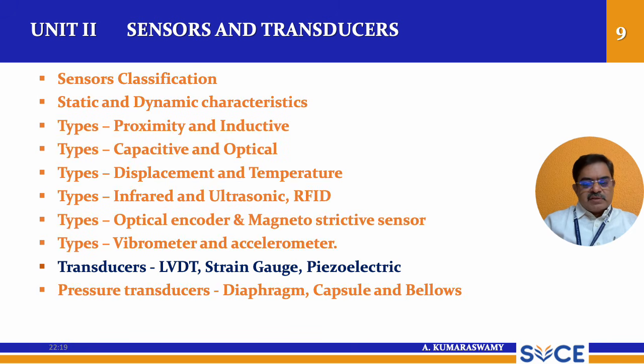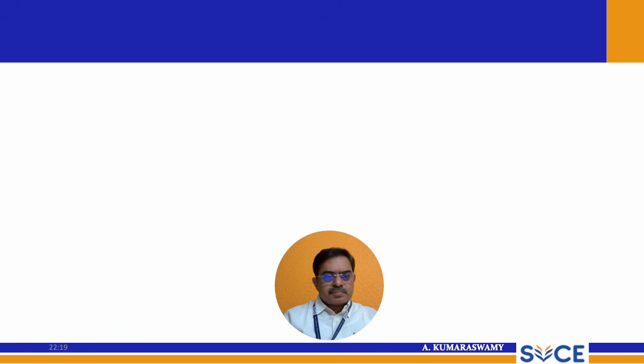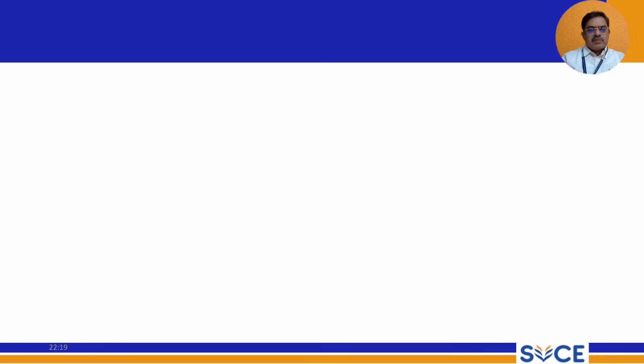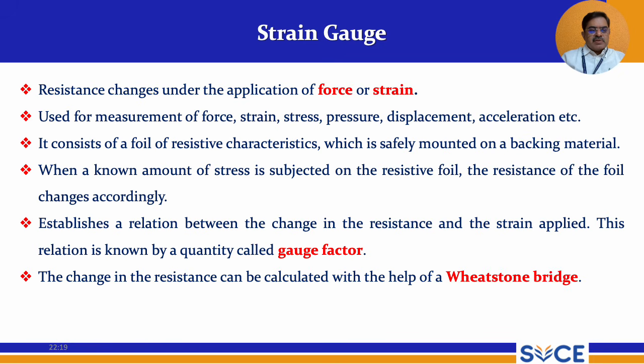So now we discuss the strain gauge. To start with strain gauges, you know what is the strain? It is a dimensionless quantity, and the same concept of strain we are applying here to measure various parameters. So the resistance changes under the application of force or strain.